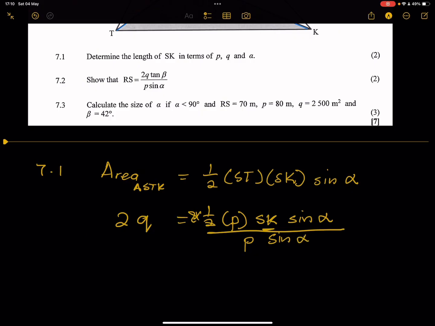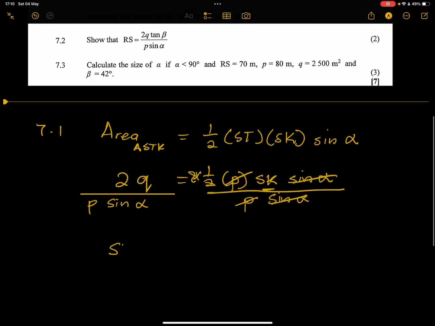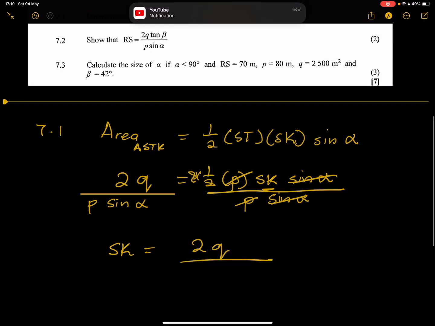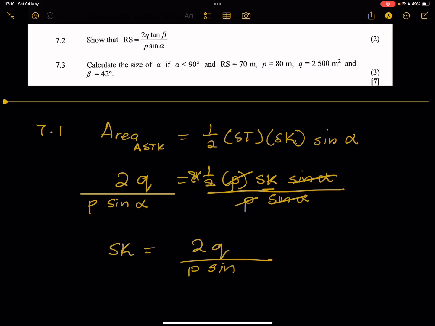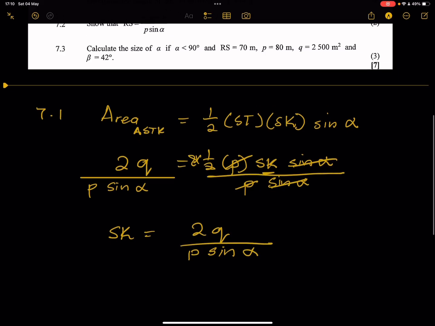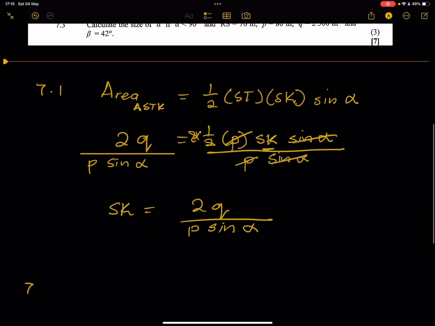That cancels that and that. So we've got SK is equal to 2Q divided by p sine of alpha. So that is the expression for SK.